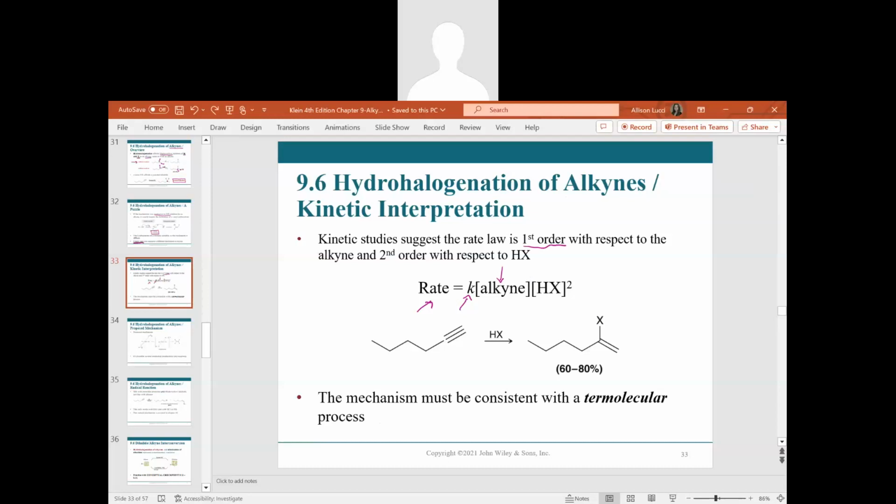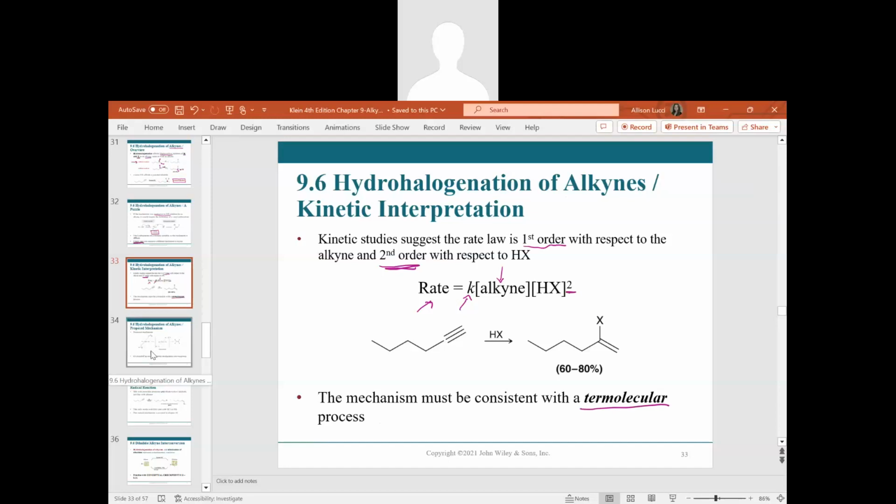And then we have the concentration of our HX, and that is second order. So this has an exponent of 2. Whenever something is second order with respect to a reactant, we have to square the concentration, or in another way of saying it, we have an exponent of 2. So this is a termolecular process where we have 3 molecules interacting at once.